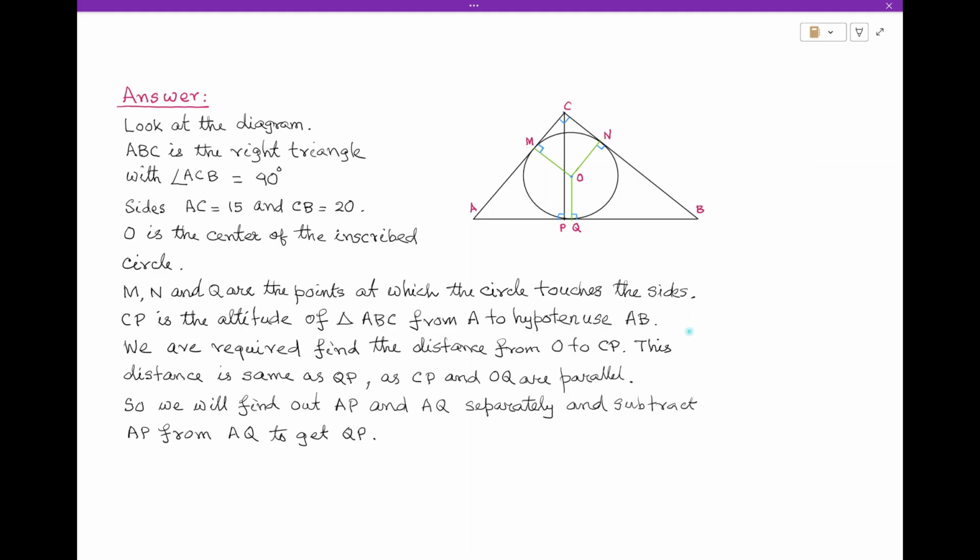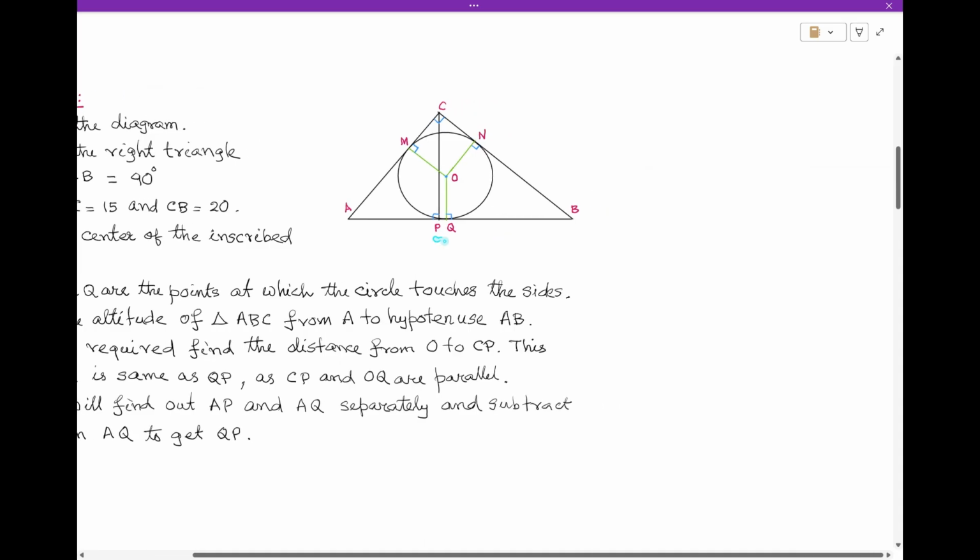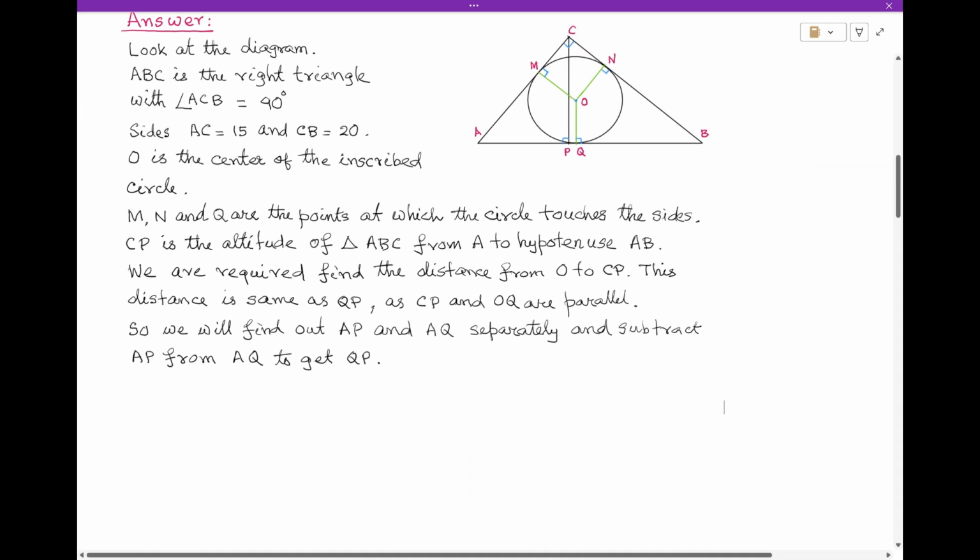This distance, that is AP, we will find out, and then we are required to find the distance from O to CP, which is the same as the distance of Q to CP, this distance.